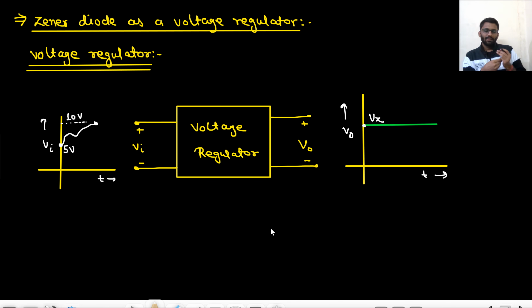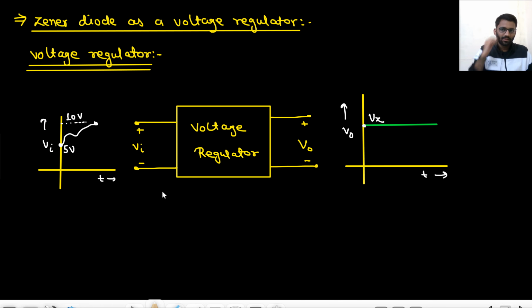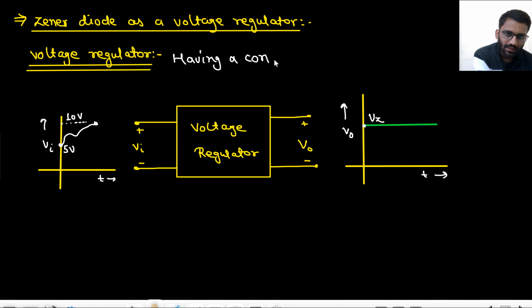There are basically two conditions in which voltage regulation is required. Did you understand the concept of voltage regulation? Having a constant voltage output, a constant or regulated voltage output.